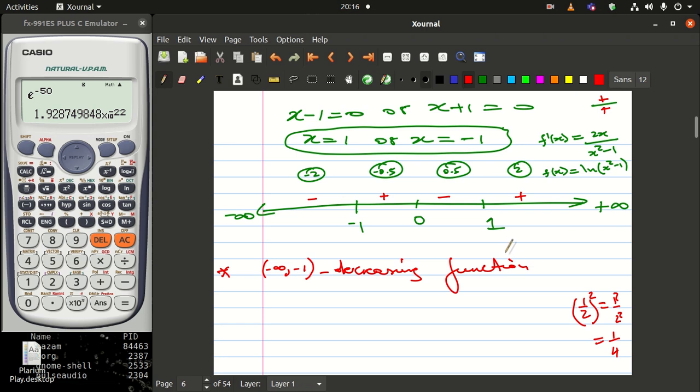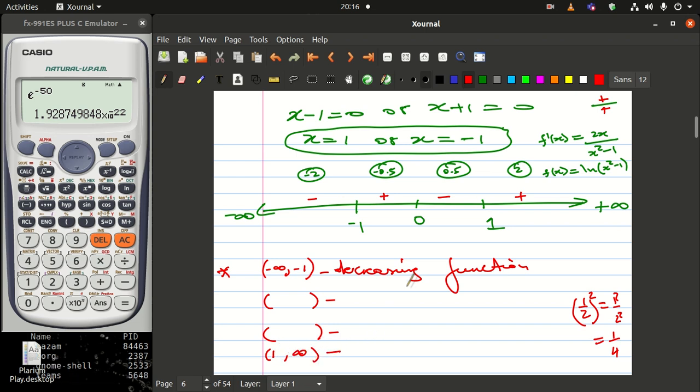And then if you look at a value between minus 1 and 0, I want to talk about this whole thing here. And then if you look at a value between 0 and 1, I want us to talk about this at a later stage, but I want us to talk from 1 up to positive infinity. So here, the last one, we are moving from positive 1 up to positive infinity.